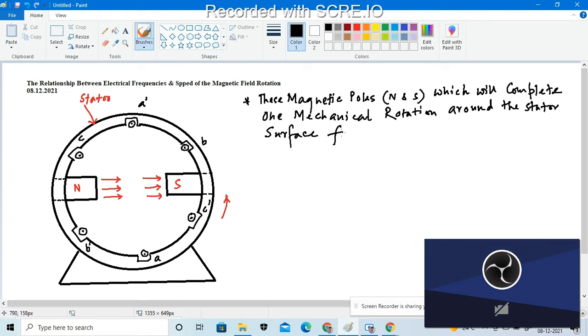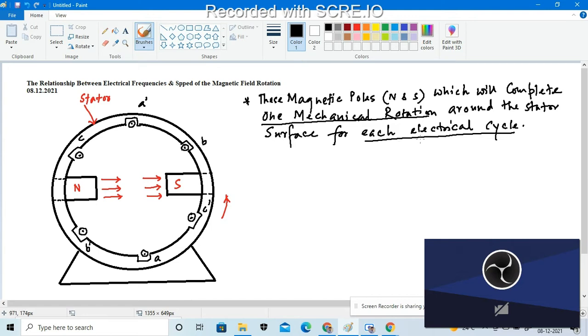For each electrical cycle, the point is very important. So for each and every electrical cycle we consider this north pole and south pole, which will complete one mechanical rotation for each and every electrical cycle of the applied current.